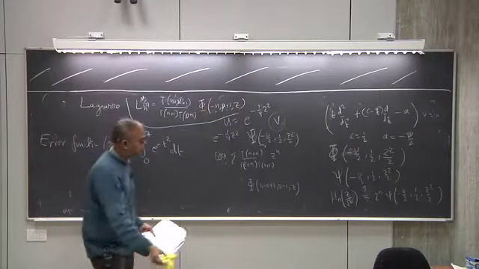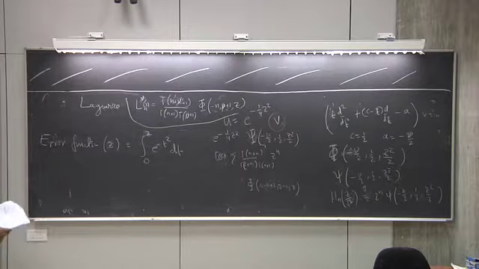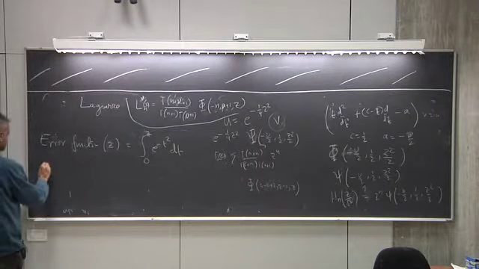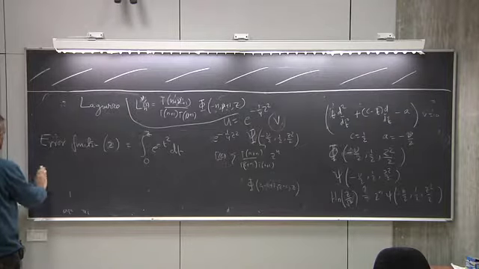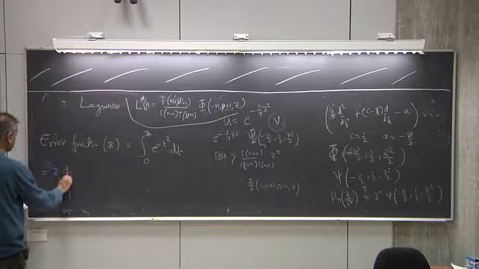How is that related to this thing? It turns out that this is the same as z times phi of 1/2, 3/2, minus z squared. We can check this.